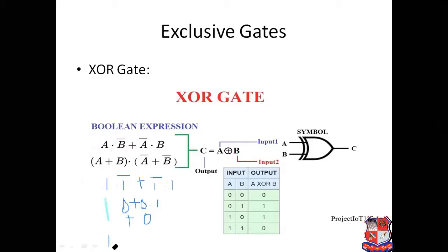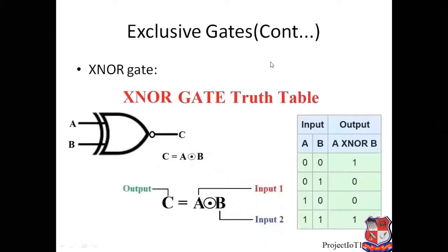So here we check what is the value of XNOR gate if we are putting 0 0, 0 1, 1 0 and 1 1. Same we will check for XNOR gate. So for XNOR gate, A and B is my input, then my output should be C. It is the symbol of XNOR, so A XNORing with B, where A is my input 1, B is my input 2.